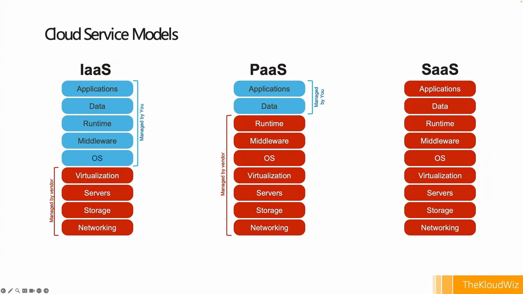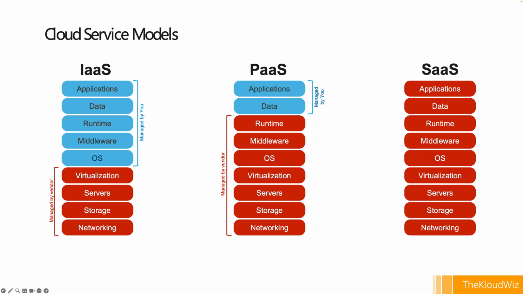Here's the big picture. IaaS gives you the foundation. You have control over almost everything from the operating system level to your application. PaaS, or platform as a service, gives you the tools that you need to run your applications, but the maintenance is offset to the vendor, and you as a customer manage your data and your application.